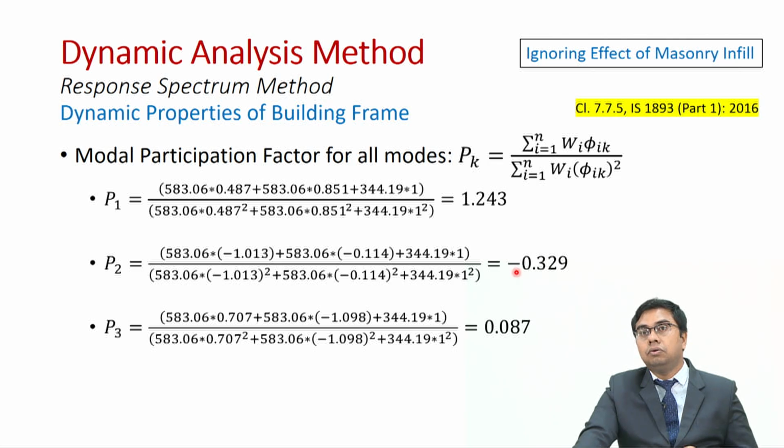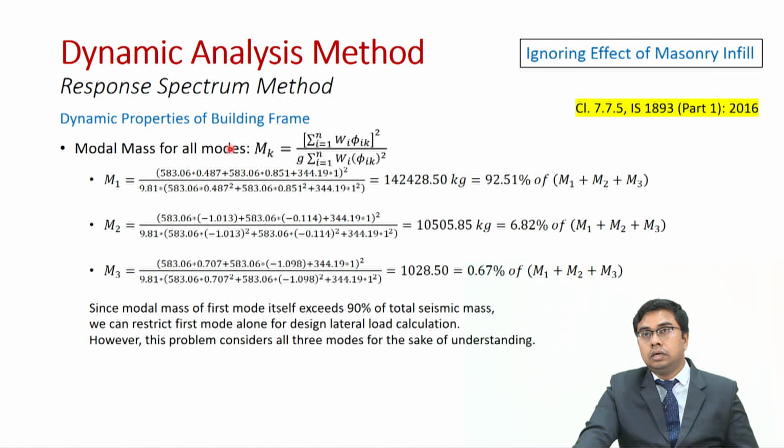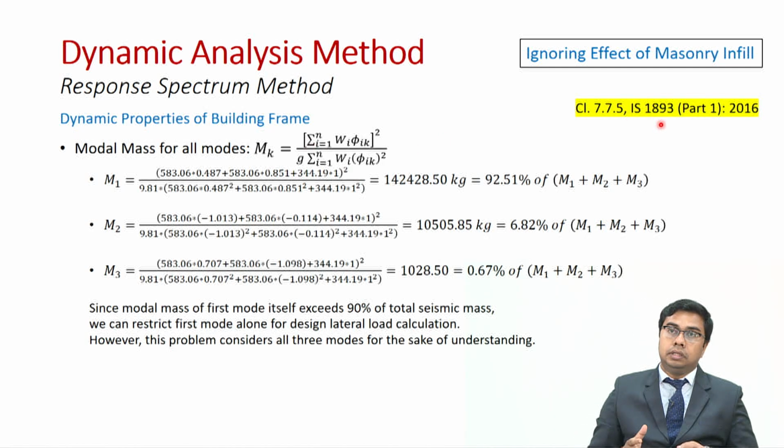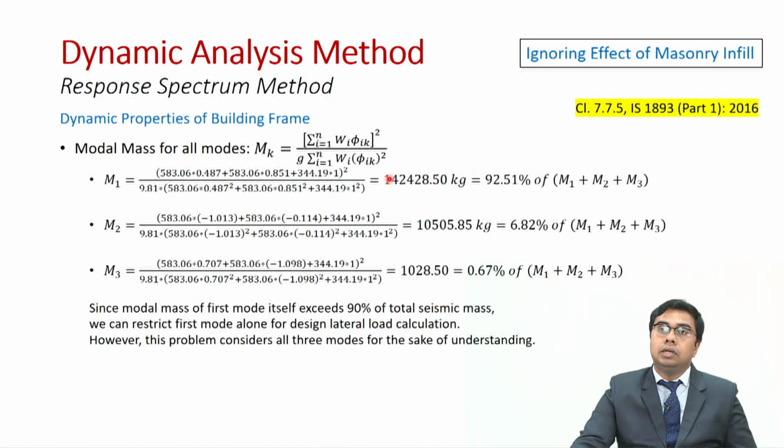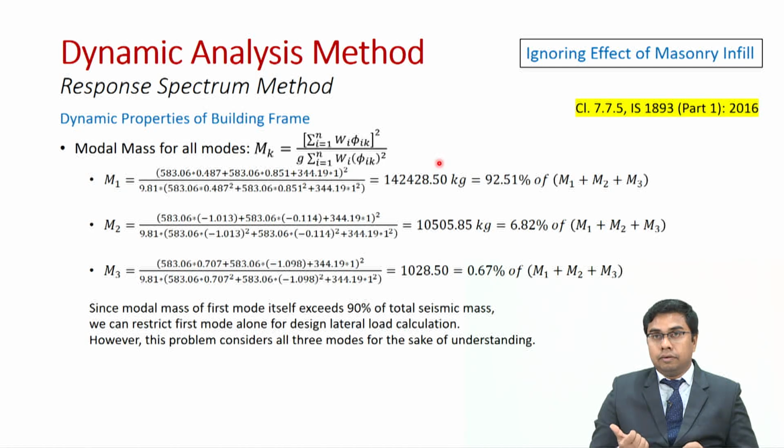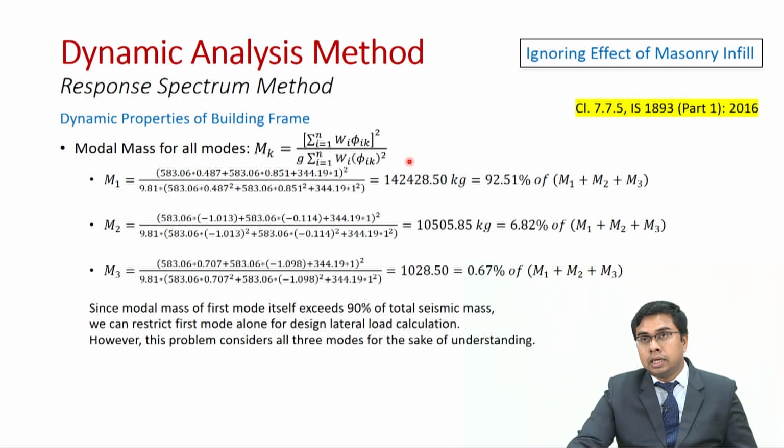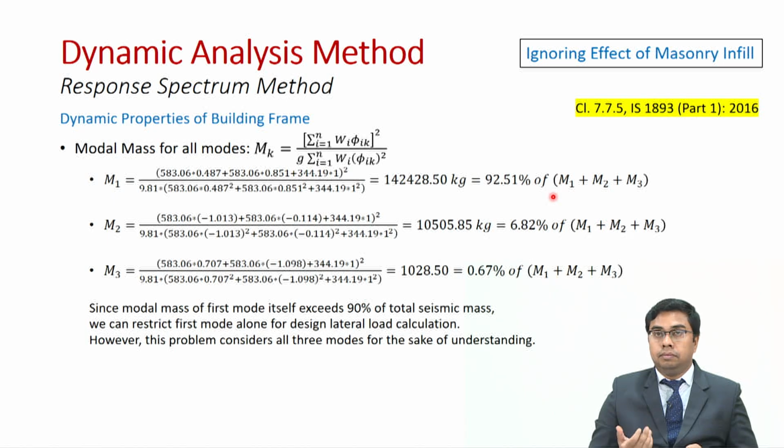Okay. Now let us look into modal mass. The expression is given over here, which is also available in IS 1893 part 1 2016, and from there we can calculate the percentage of mass of the building which is participating in any given mode. So, using the expression we have calculated M1 to be 92.5% of the total mass of the building. So, in the first mode 92.5% of mass participates.